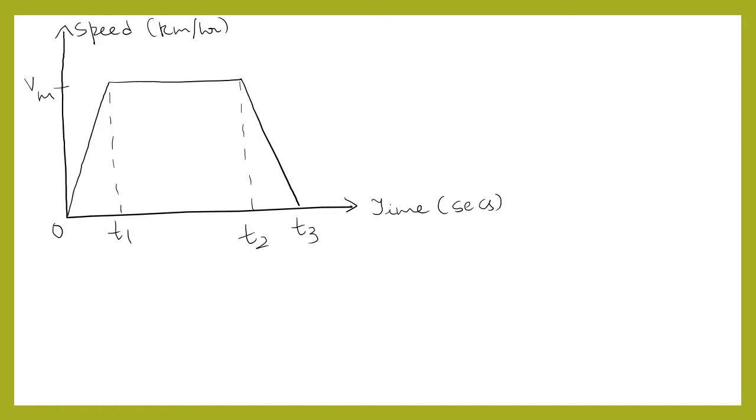The speed time curve considered for the train run is the trapezoidal speed time curve as shown.